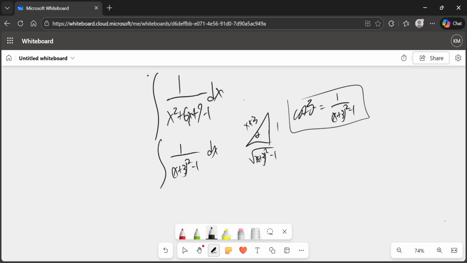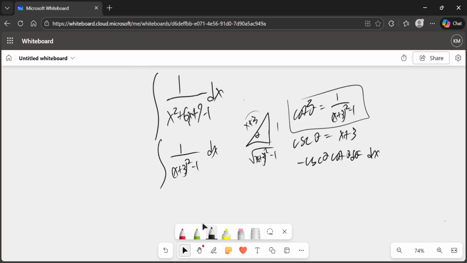Second component, we need a dx. So we can get that easily if we just have this, and that is equal to cosecant theta. So negative cosecant theta cotangent theta d theta equals dx.